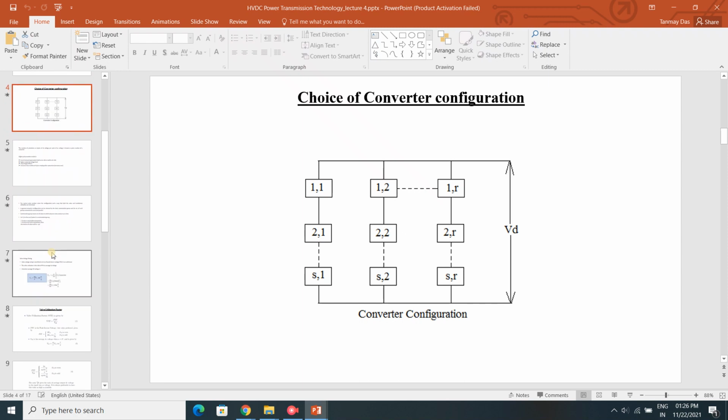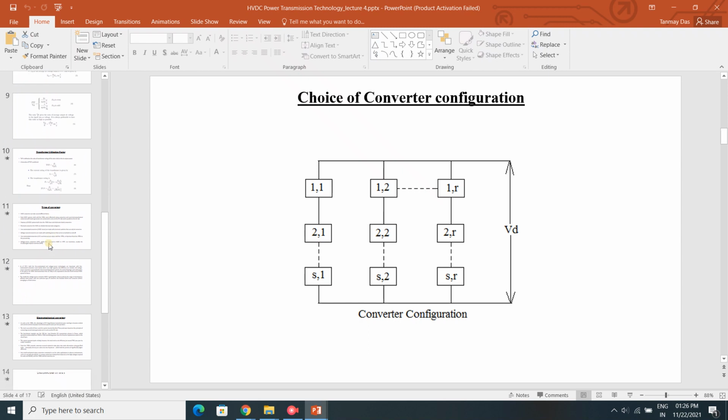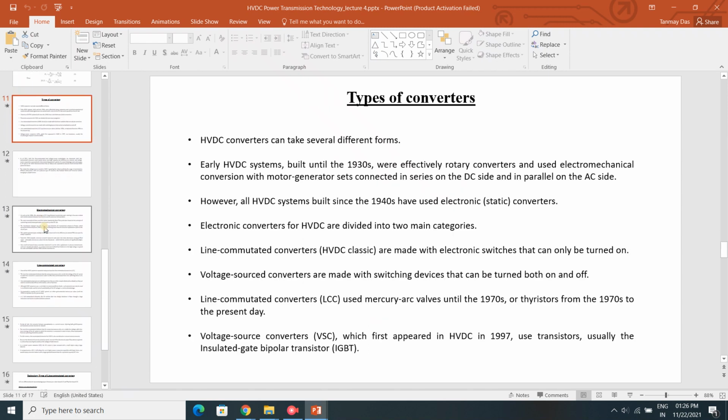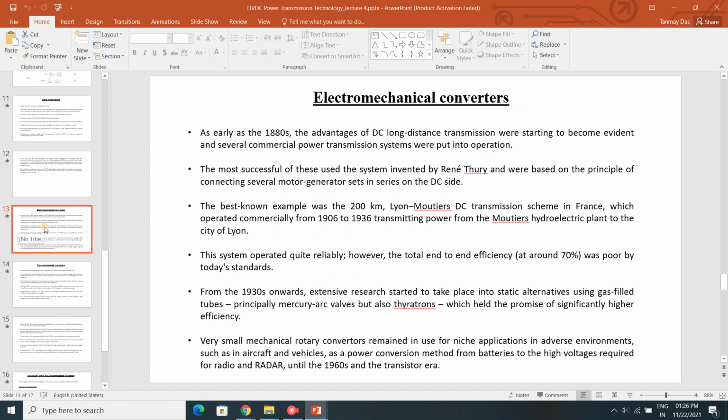We discussed different configurations, or the choice of configuration, of the converter, and the types of converters in detail: the different types used, and the types that were used earlier. We have also discussed that converter designs are generally the same for rectifier and inverter.